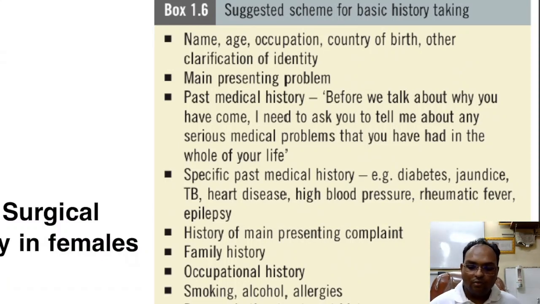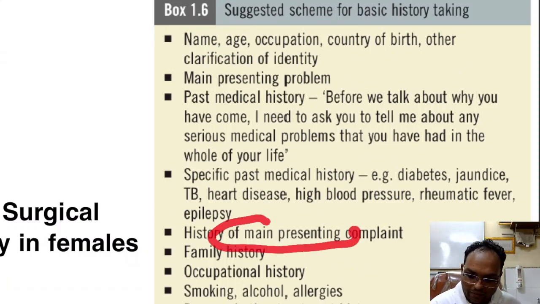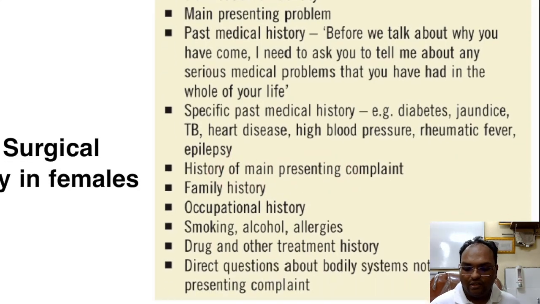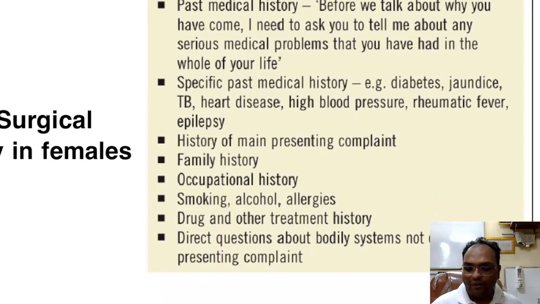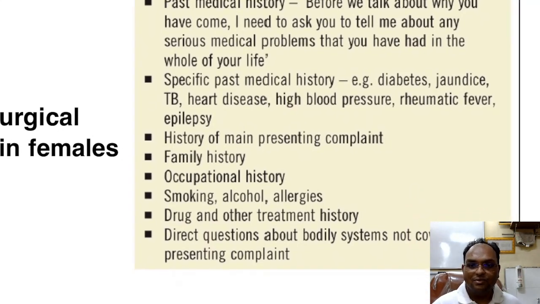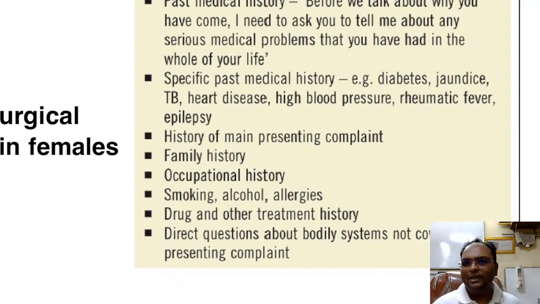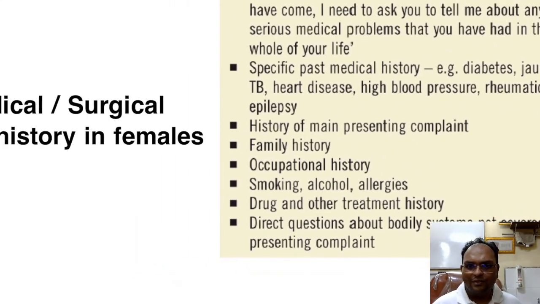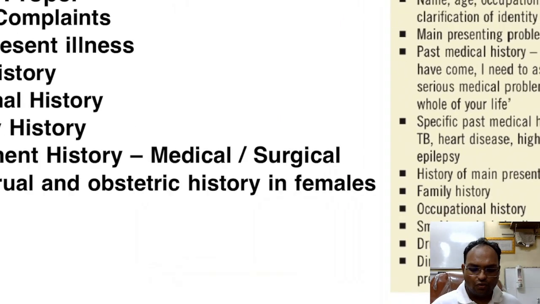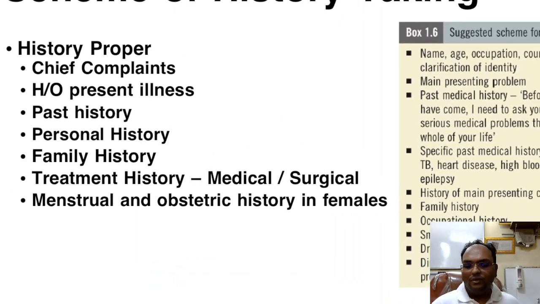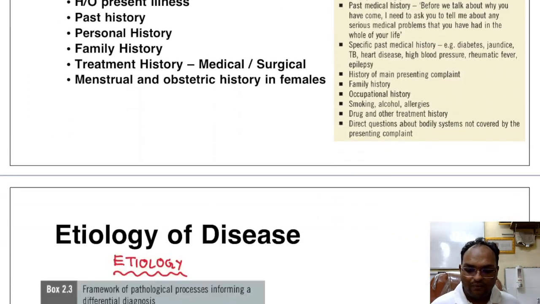Of course, then we'll talk about the main presenting complaint, the family history, occupational history, the smoking, allergy, addiction histories, the drug and treatment history, and finally the direct questions about the bodily systems, which we'll talk about subsequently: what are the cardinal chief complaints of each system, right? That was all: past personal history, family history, treatment, medical and surgical, and menstrual and obstetric history in the females. We'll need to talk about it in more detail.